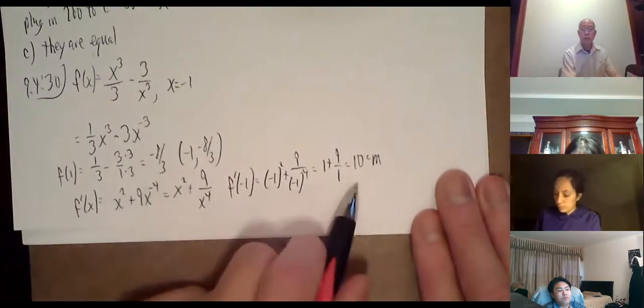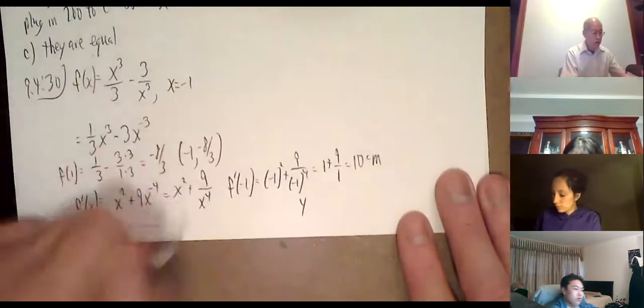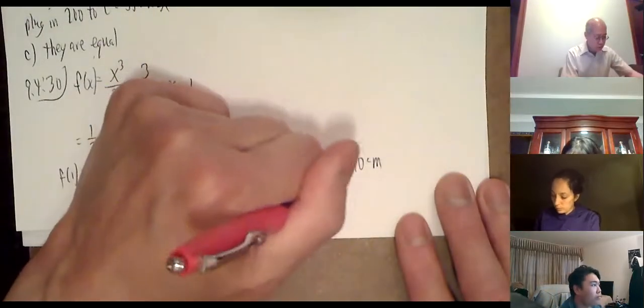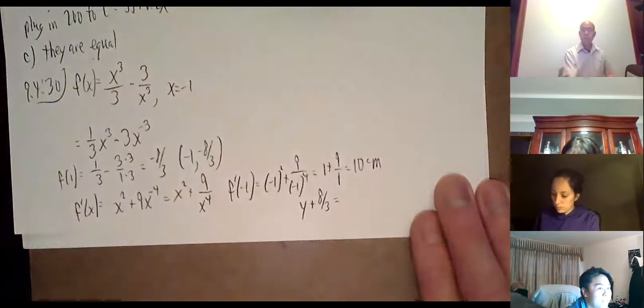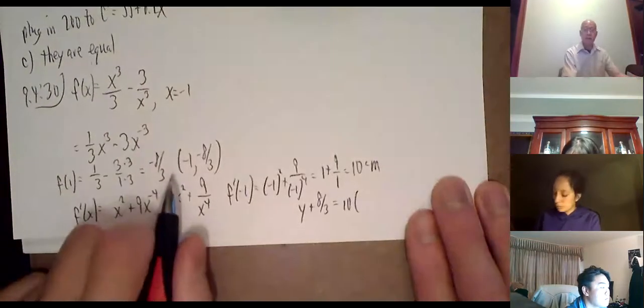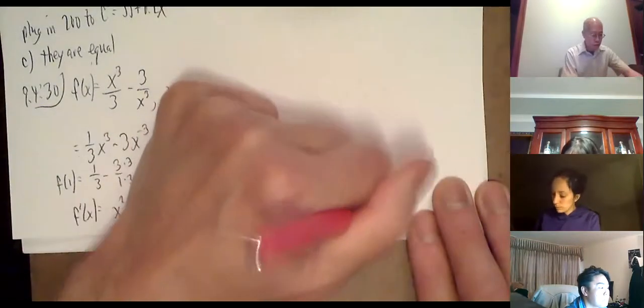Okay, point-slope. Y minus a minus, double negative, equals m times x minus a, minus 1, x plus 1.